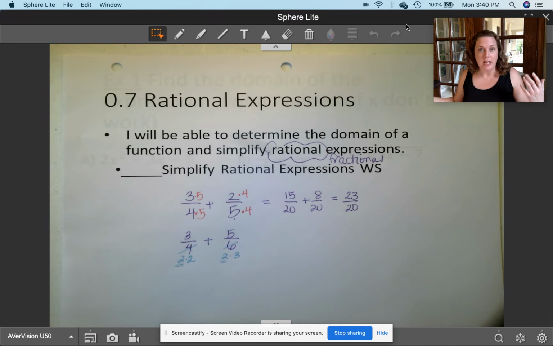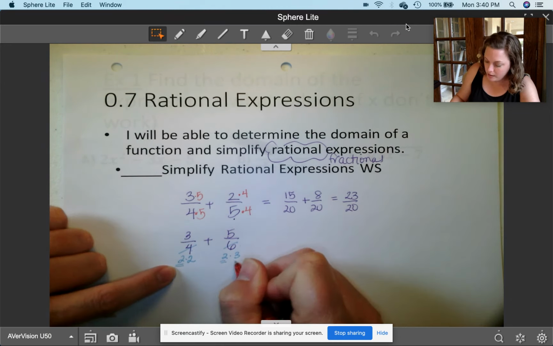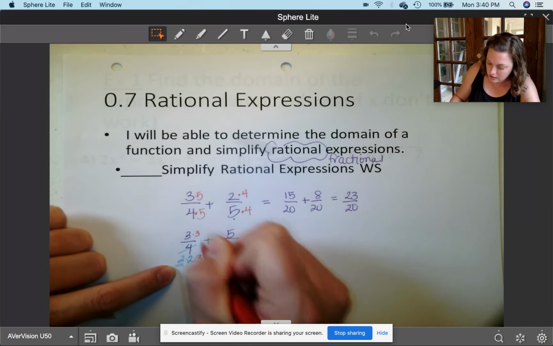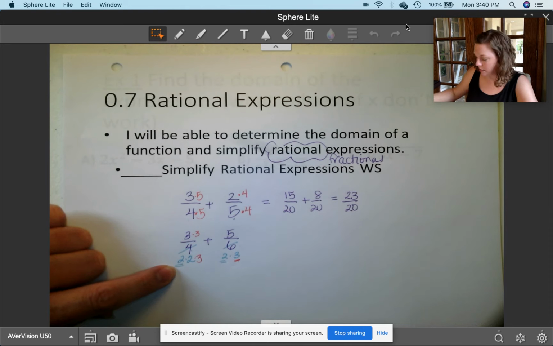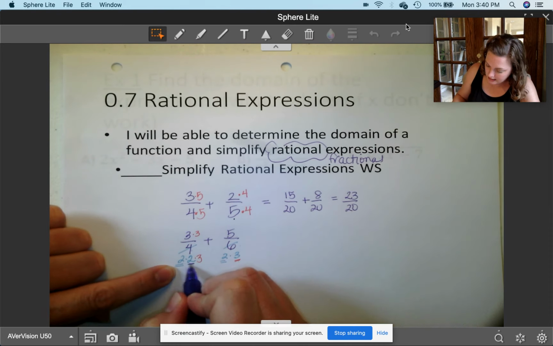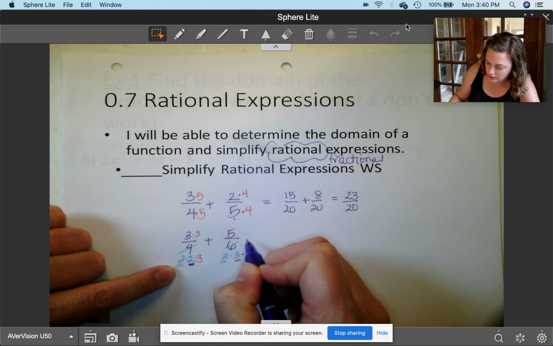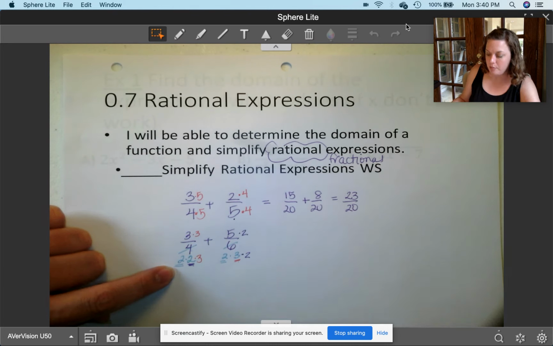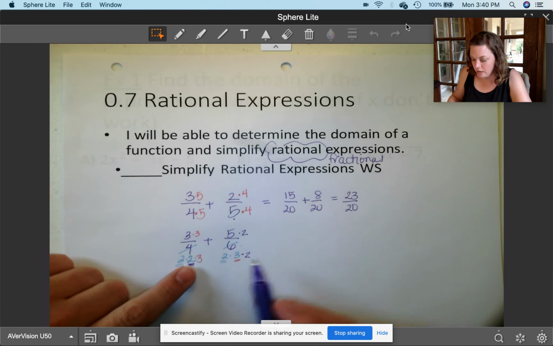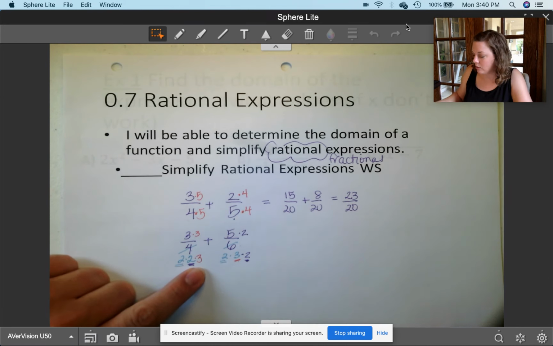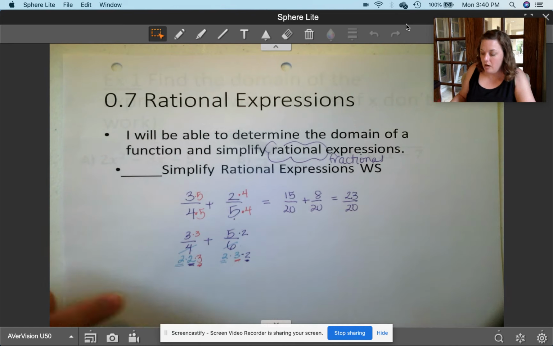And so to make life easier, I want to multiply by the smallest thing to make them have a common denominator. So I'm going to multiply by a 3 so that it gets that 3 factor in the denominator. And then I need this extra 2 over here. So I'm going to multiply by 2 top and bottom so that we have a blue 2, the purple 2, and the red 3 for everything.